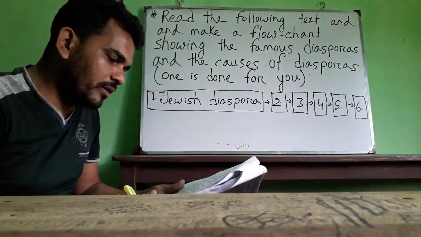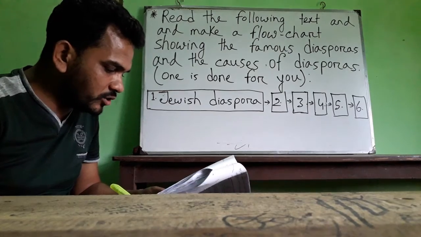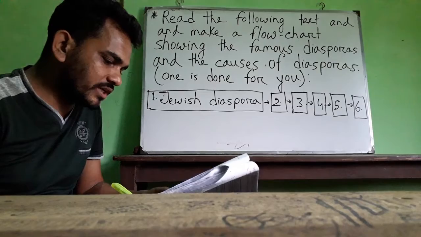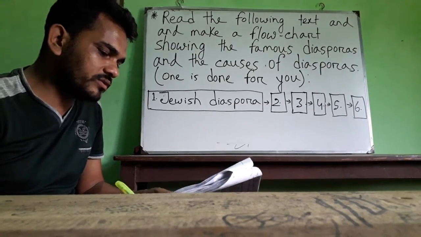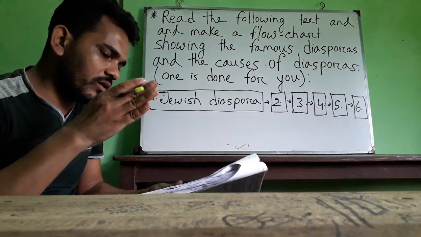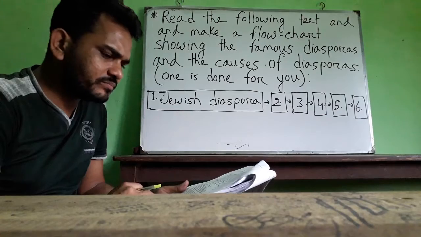Okay, then the next sentence. The movement of Aryans from Central Europe to the Indian subcontinent thousands of years ago is also a noteworthy diaspora, although the causes of this diaspora are unclear.